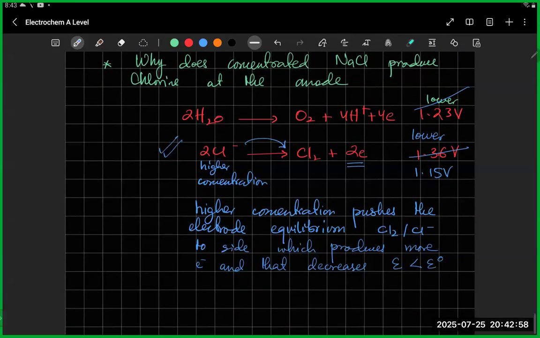So when the Cl2 Cl minus 1 electrode potential decreases below 1.23 volts, which is the water potential, then it is discharged.